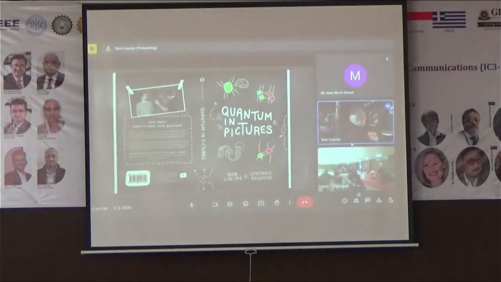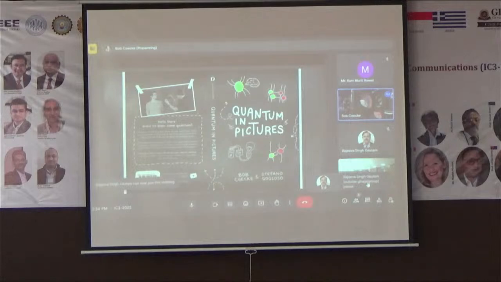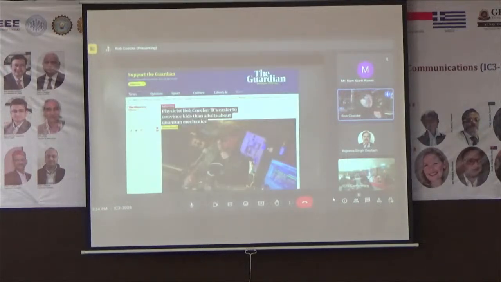Now, we did an experiment with this book, and I want to spend some time on that because that's very important. And I know there's a big interest, for example, from India and Indian institutions, or globally, in using this new way to teach quantum. Basically we did this experiment, and I assume the Guardian is a newspaper which is well read in India, because it's probably the most read online English language newspaper.